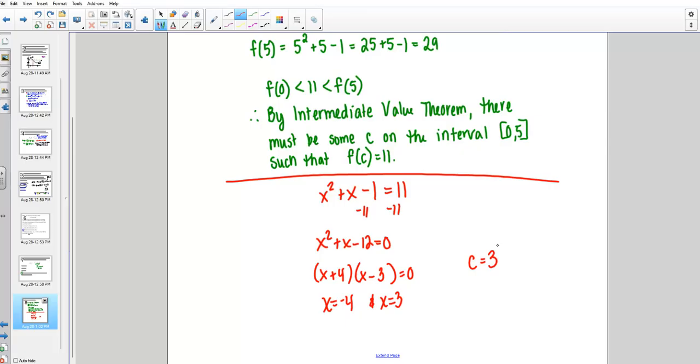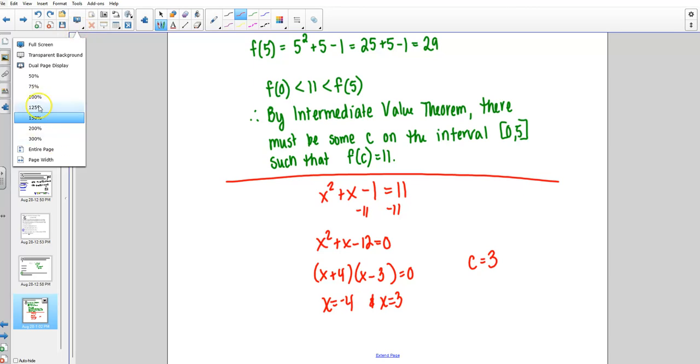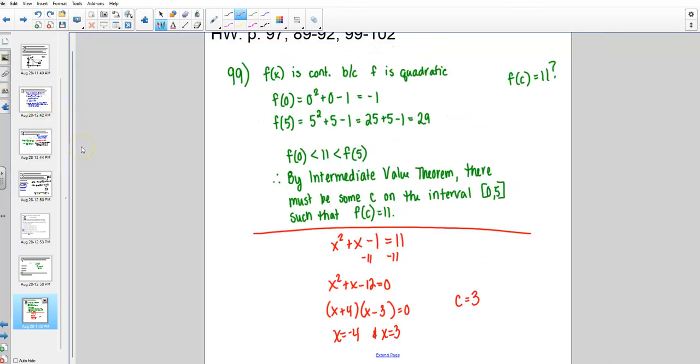So it's wanting you to go a step further and find what that value would equal. And all you're going to do for that is take your function and set it equal to the y value for that. Let me see if I can do that so you can see the whole thing.